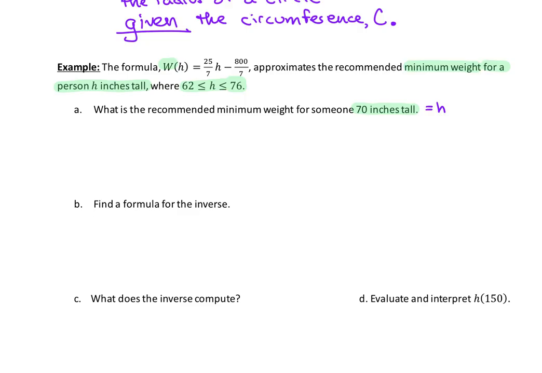And so if we do this, we get W of 70 equals 25 over 7 times 70. I'm going to put that over 1. Minus 800 over 7.